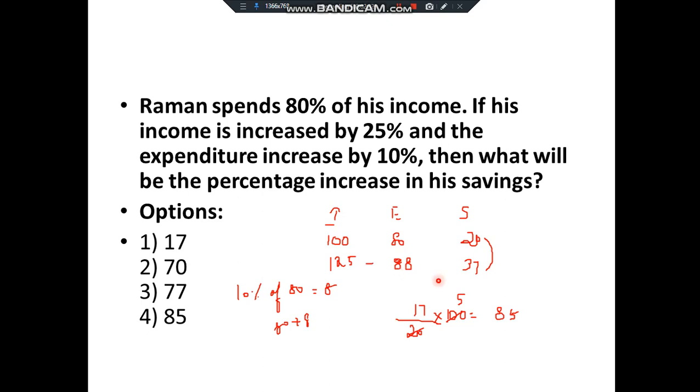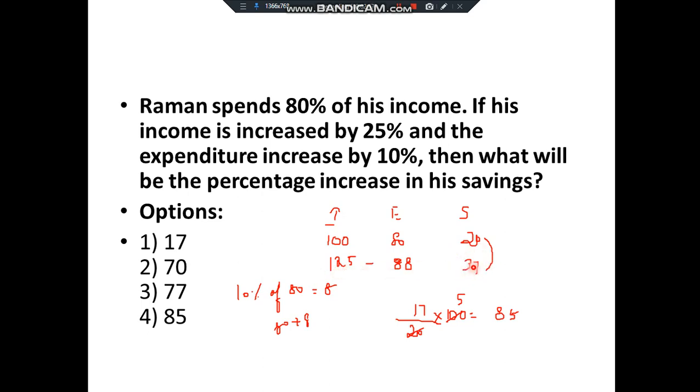Then they are asking how much his savings would increase. Income is how much we get and expenditure is how much amount we spent, okay? And savings is finally what is left with us. So income minus expenditure will give us savings, right? So subtract and see. The new savings would be 37 rupees, okay?